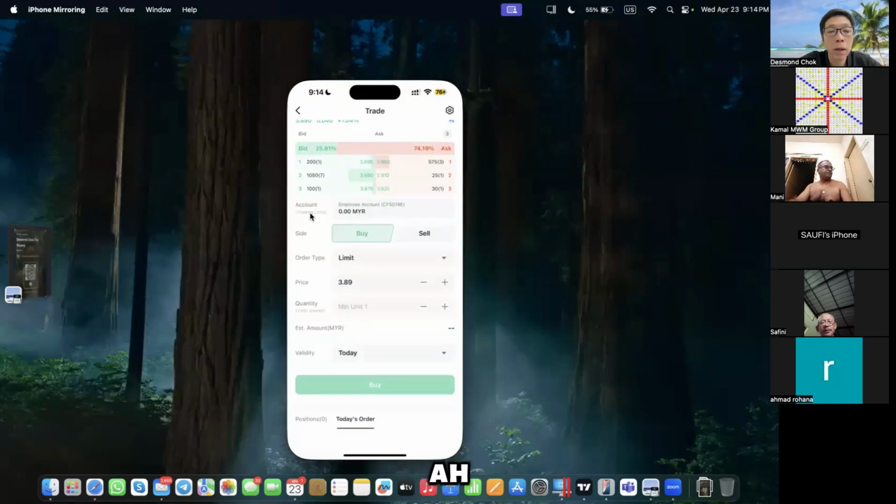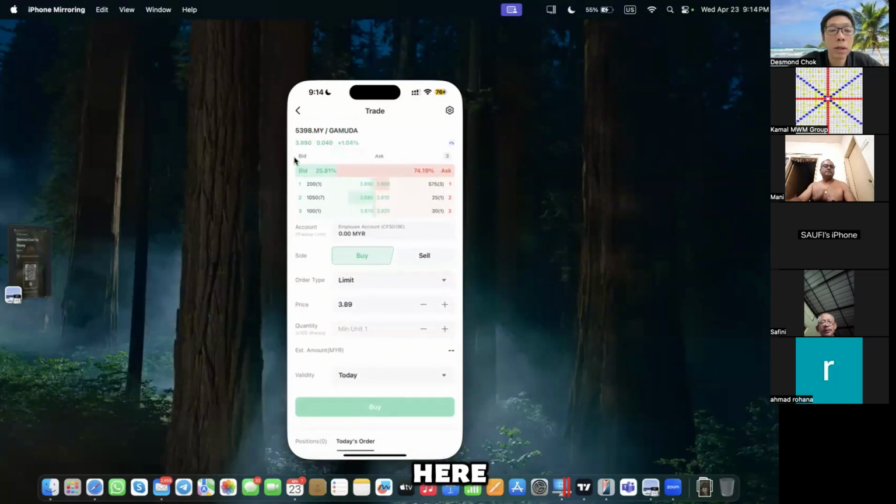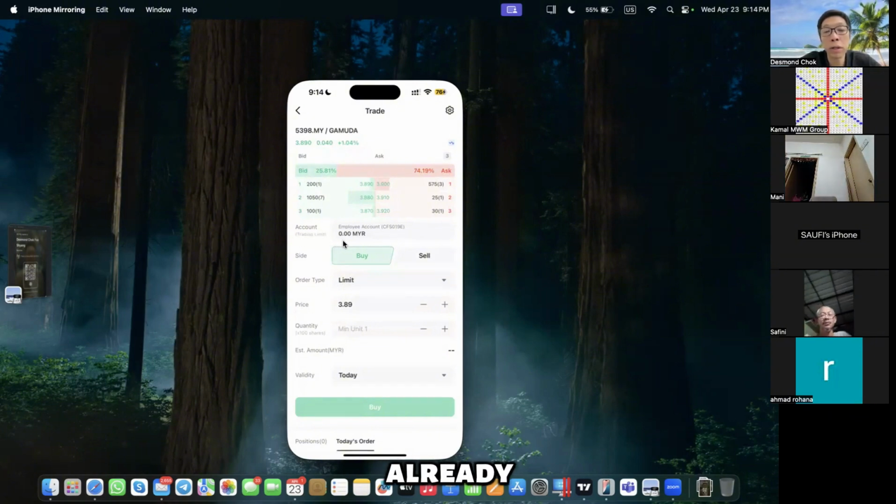Okay, this one you can see here your trading limit. So let's say here, okay, this one the price is 3.89. So let's say your trading limit, let's say you already deposit 10,000. So your trading limit maybe shows you 9,000 plus. So you won't be suddenly surprised where the money went.